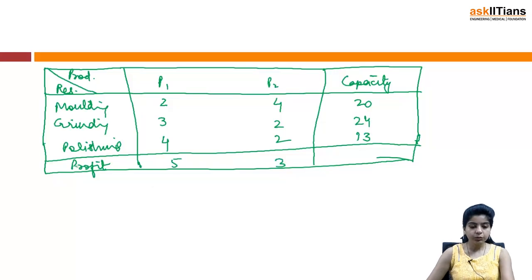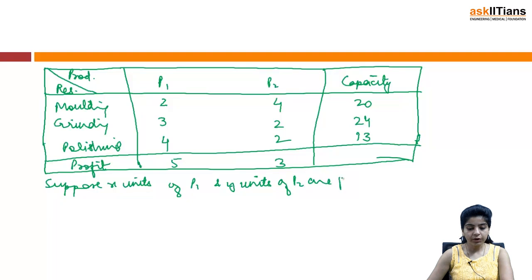Now just assume that x units of P1 and y units of product P2 are produced to maximize the profit.